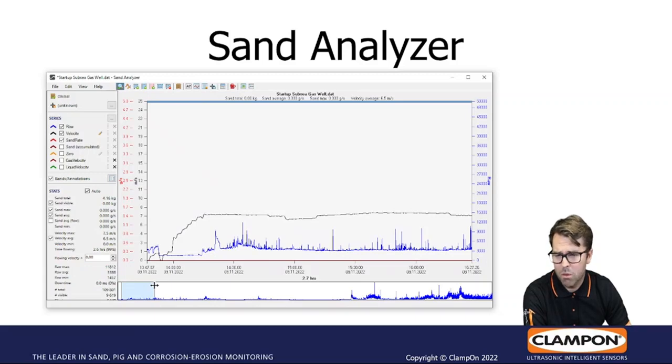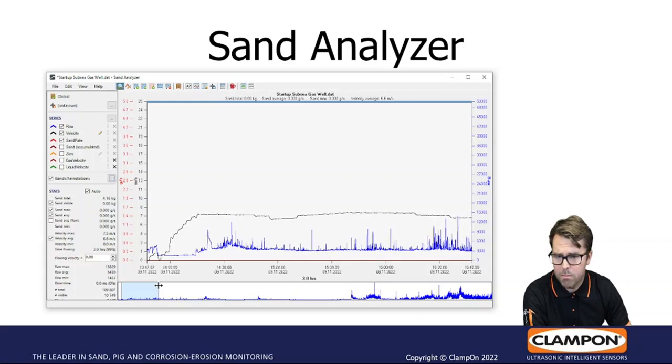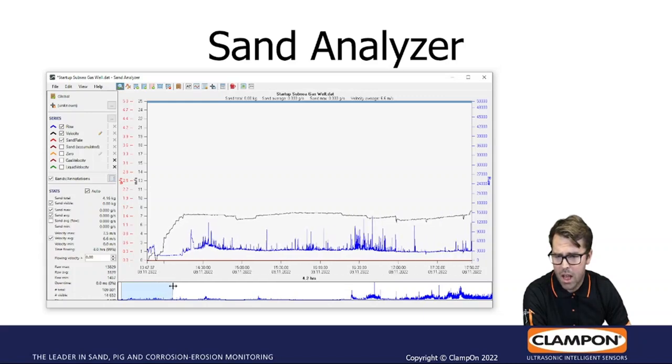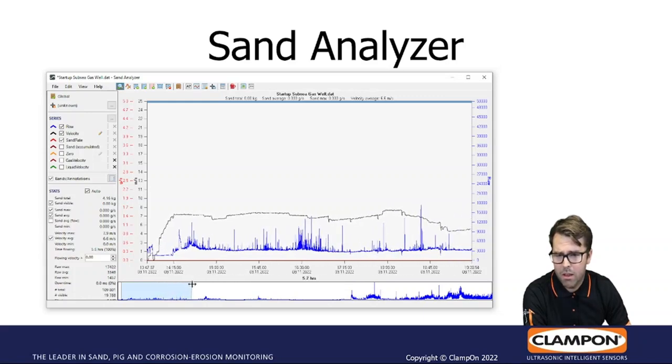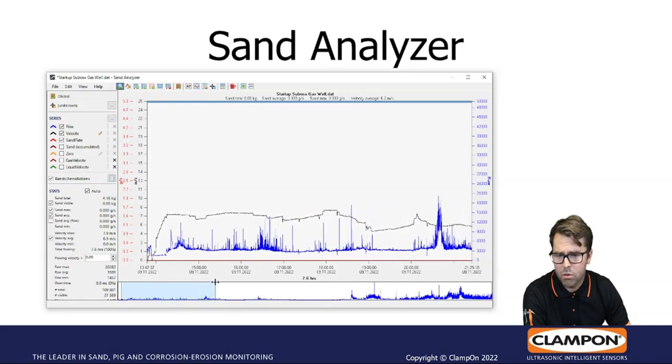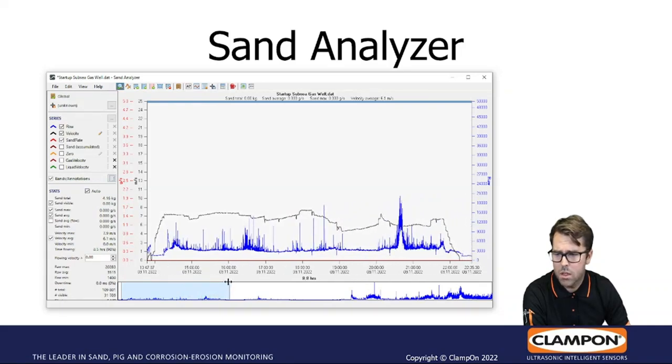We know that to lift sand particles in a gas well, you need to be somewhere between 6, 7, 8, 10 meters per second, depending on the size of the particles. And as you see here, a little bit of sand is coming. Then the operator chose to close the well.